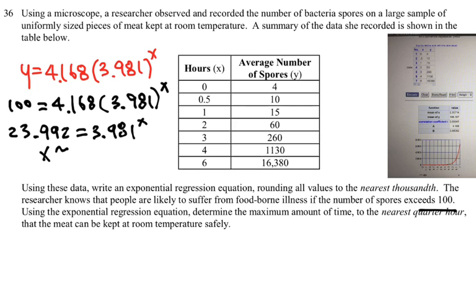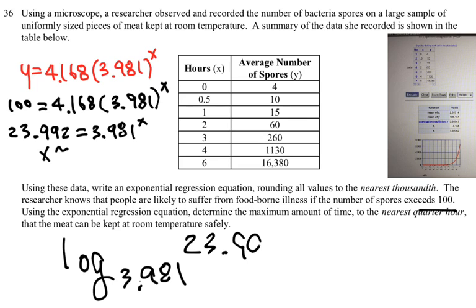Log base 3.981 of 23.992. Then I get approximately 2.3. But to the nearest quarter of an hour, it's got to be 2.25 hours.